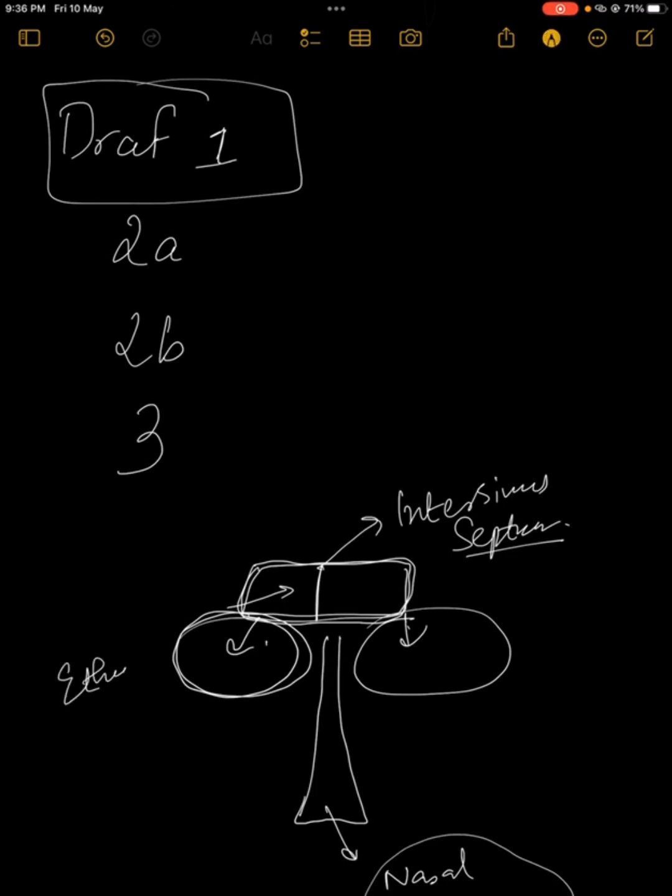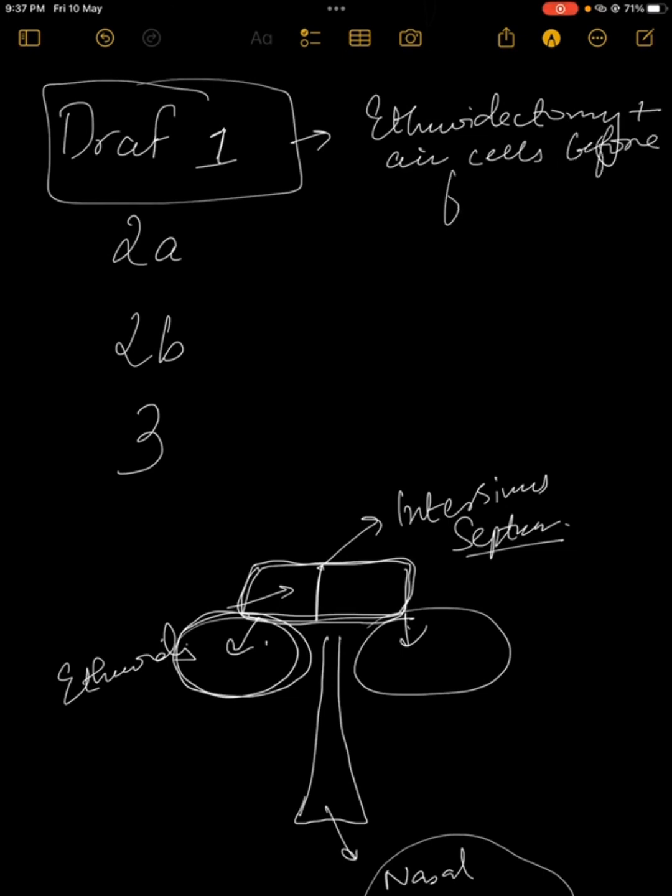These are the ethmoids. So we have cleared the ethmoids, that is ethmoidectomy, and we are clearing all the air cells which are coming before the frontal sinus. So that is DRAF 1.